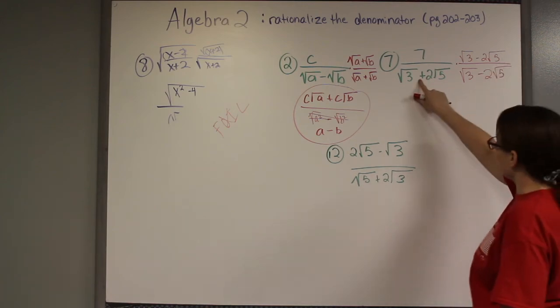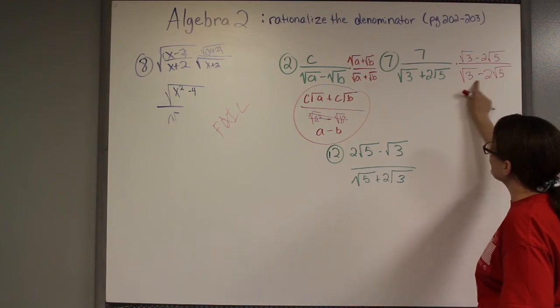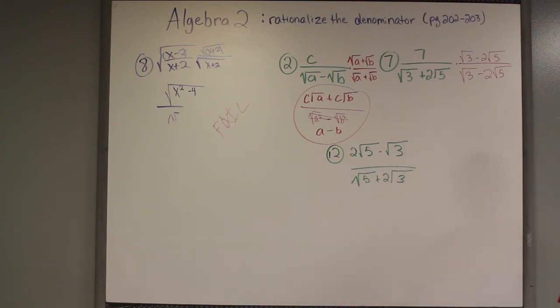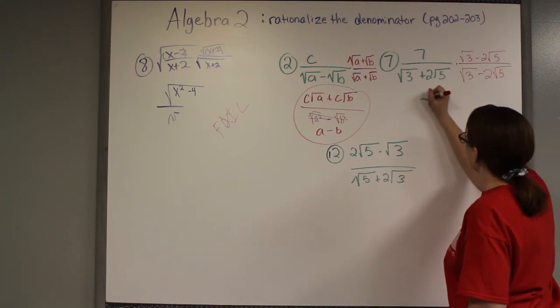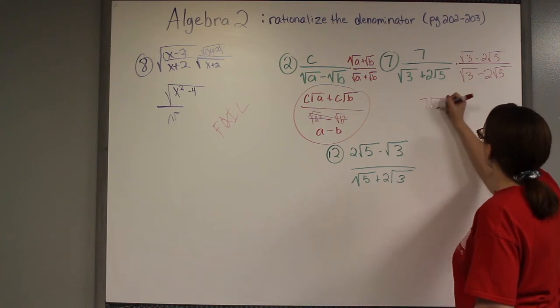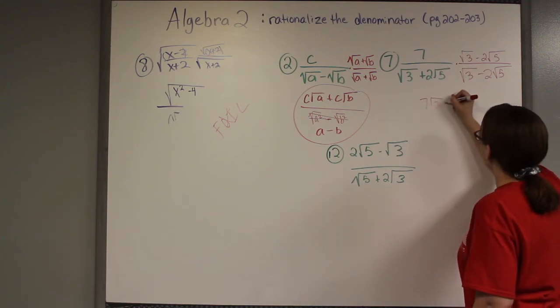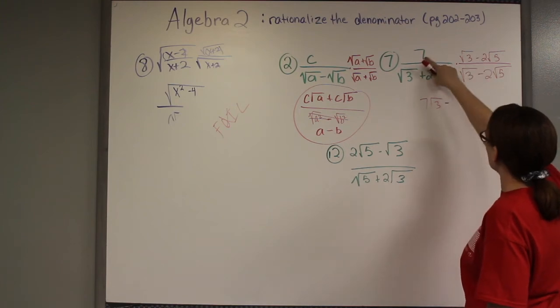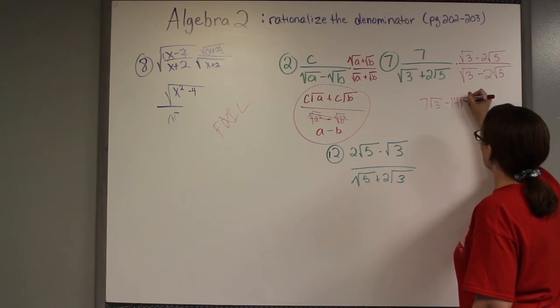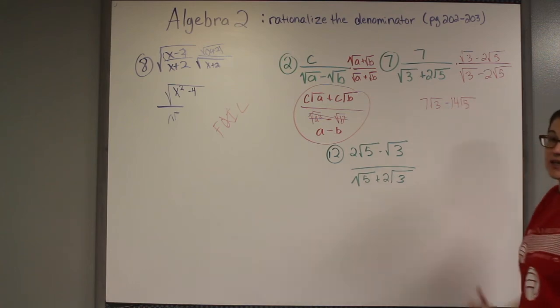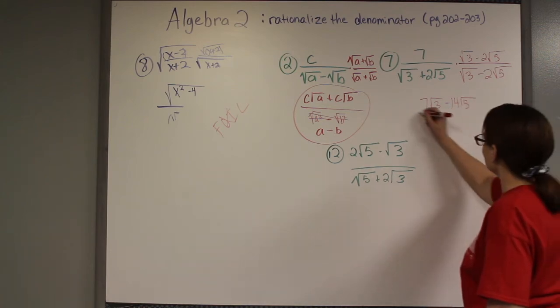Okay, this was a positive, so all I did was change the sign, and then I'm multiplying it exactly by itself. On the top here, 7 times radical 3 is going to give me 7 radical 3. And then that's a minus sign, so 7 times 2 is 14. And that radical 5 is going to come along, but that 14 is negative, okay?